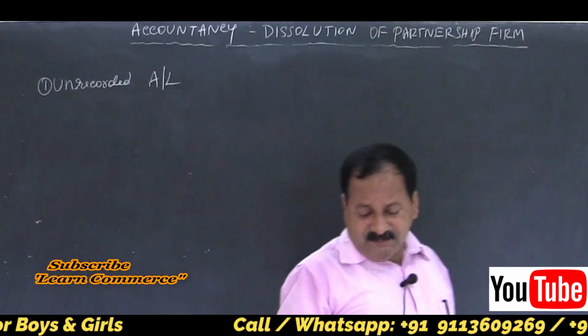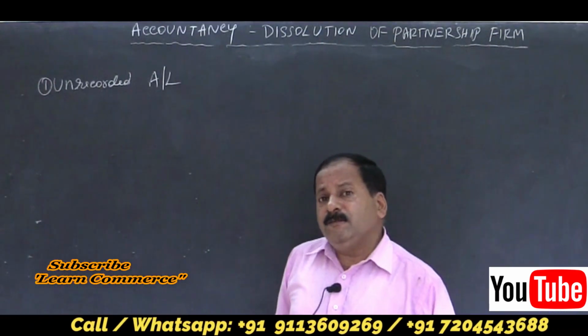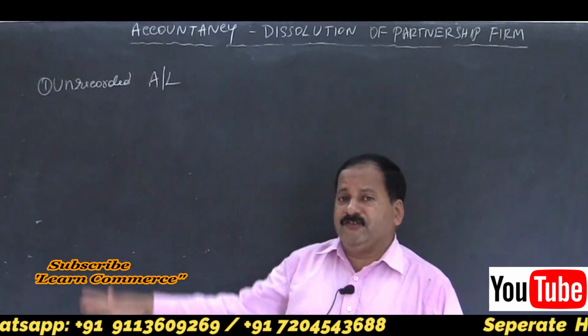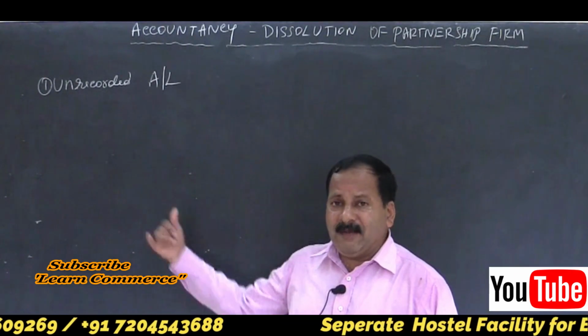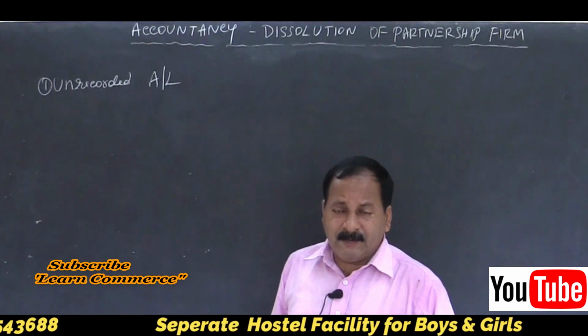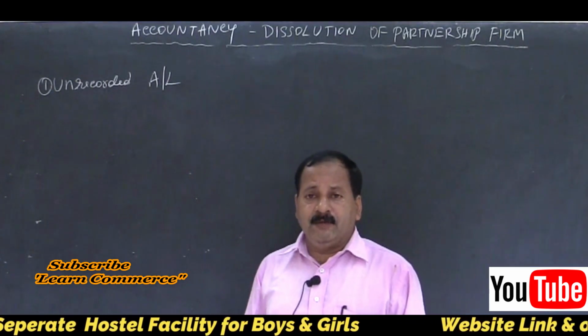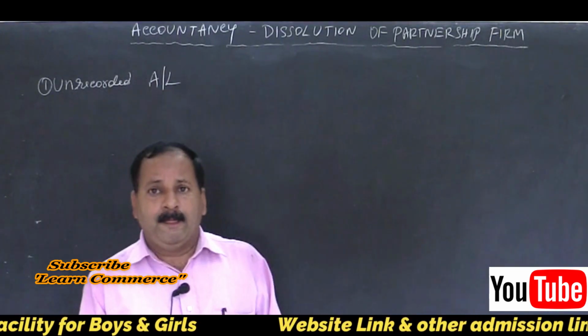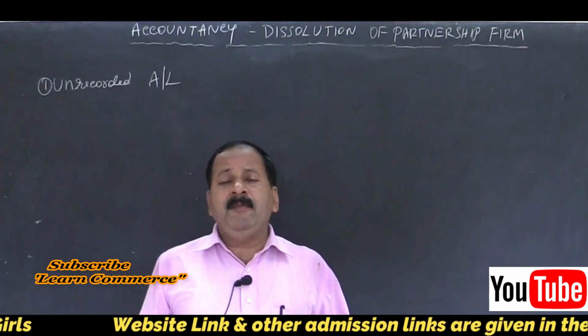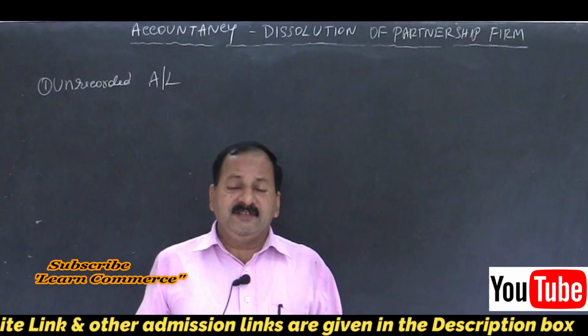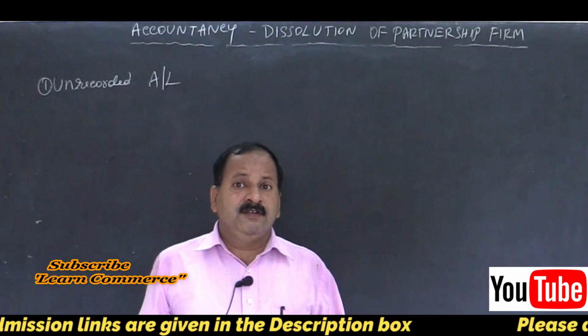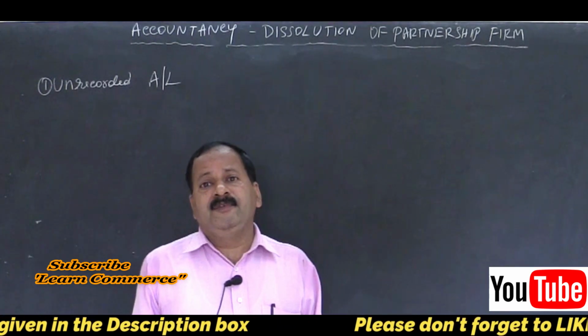Unrecorded assets means those which are not appearing in the balance sheet. You have a balance sheet given in the problem, and in that balance sheet it will not be mentioned. That will be mentioned in the adjustment part.